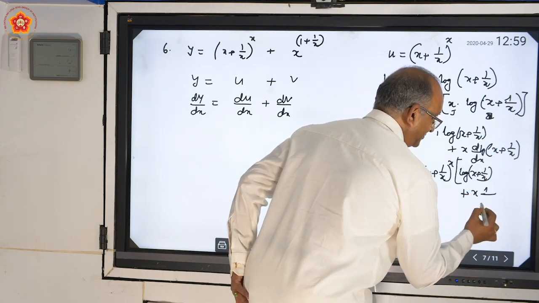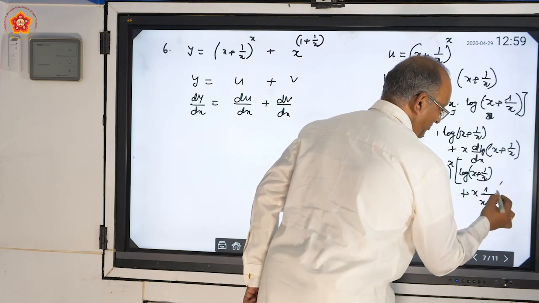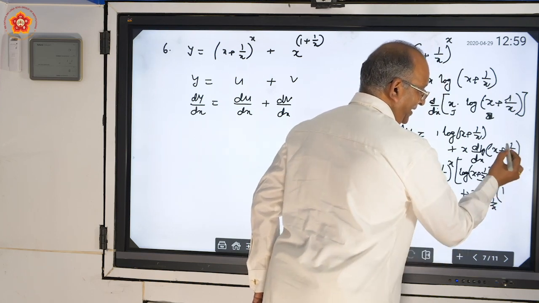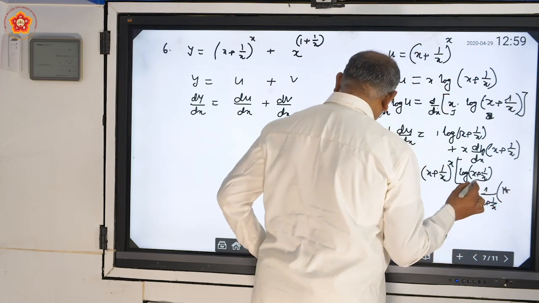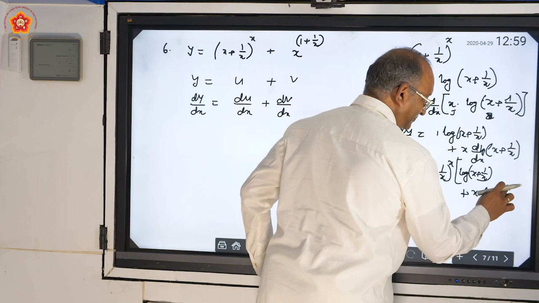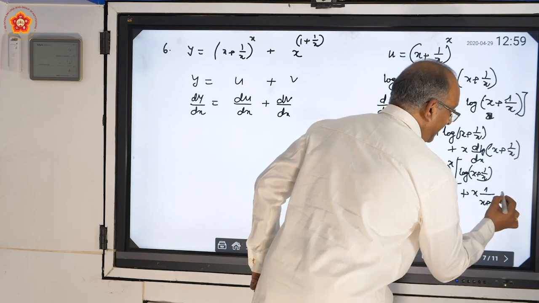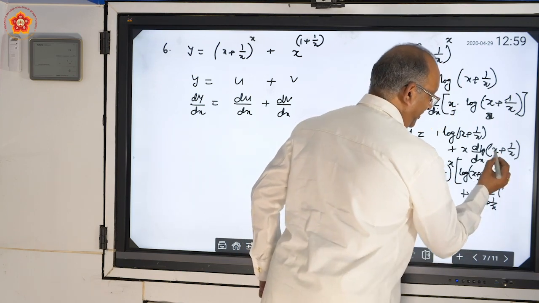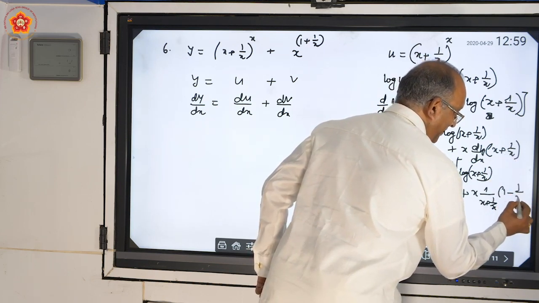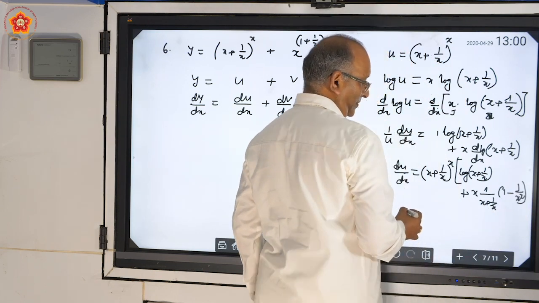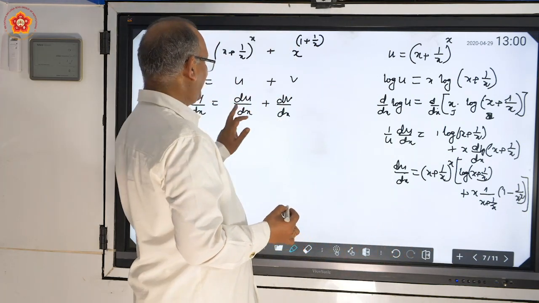So it will become 1 upon (x plus 1 by x), and then the derivative of this, derivative of x is 1 and derivative of 1 by x is minus 1 by x square. This is the value of du by dx.